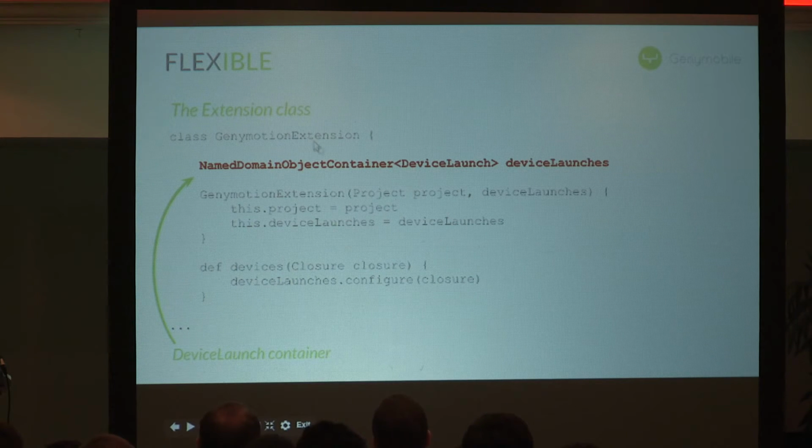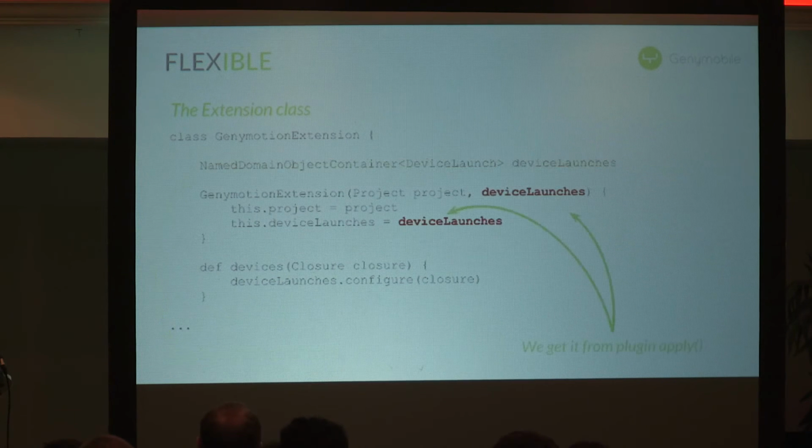That's really simple, and it contains this really typed NamedDomainObjectContainer with the template DeviceLaunch. DeviceLaunch is ours, and this long type, I don't know it by heart. You will have the slide, but that's the best way, the easiest way, and actually the only way to implement this kind of flexible DSL. So you get it.